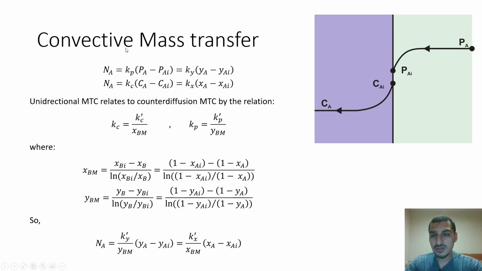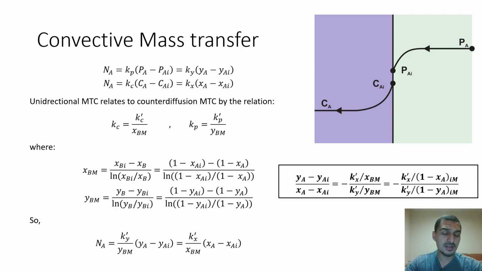So now we can rewrite this equation in terms of K dash, which is K dash Y divided by YBM multiplied by the Y driving force, or K dash X divided by XBM multiplied by the X driving force. By rearranging this equation, we find that it looks like this: YA minus YA interface divided by XA minus XA interface equals these things. Of course, you know that this is a straight line equation.